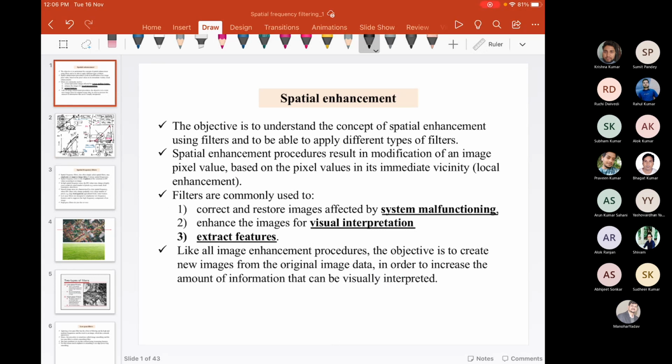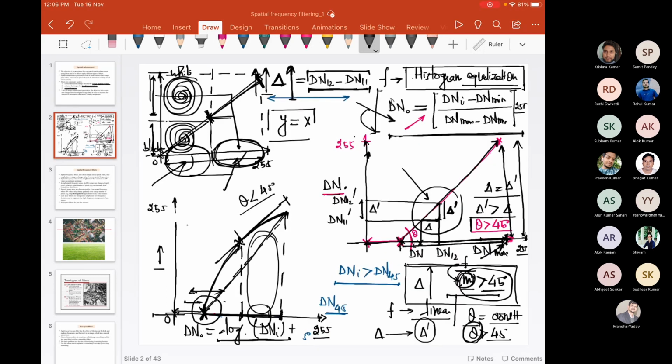So these are the spatial enhancement techniques, and this is the previous case. It's a point operator. Point operator means only one digital number, the input DN number, is considered. It is passed through this equation and DN output is generated.